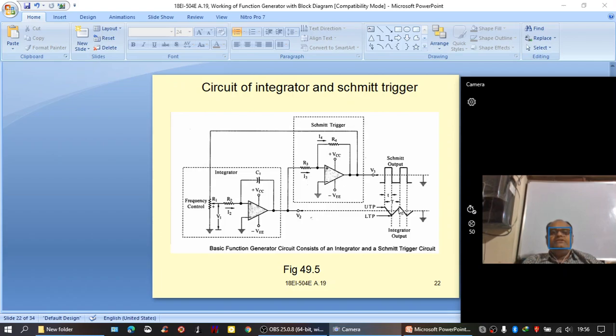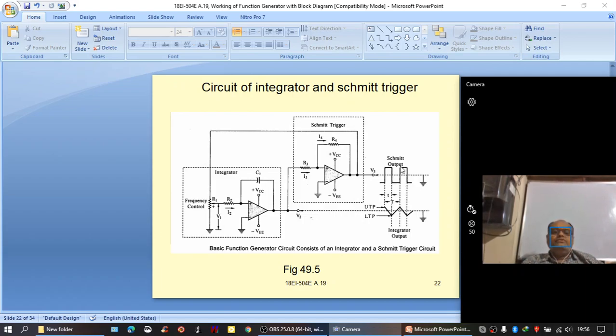So during the positive going ramp, the output of the Smith trigger will be low. Now, till what time does it continue to remain low? Till the voltage on the capacitor increases to a certain level at which this input is greater than UTP. When this input is greater than UTP, then the output voltage goes high once again.